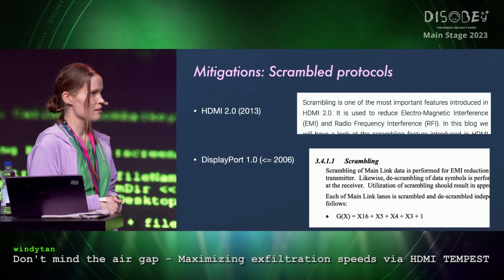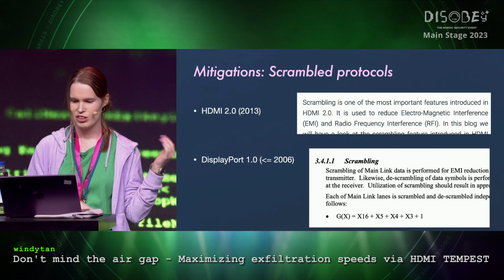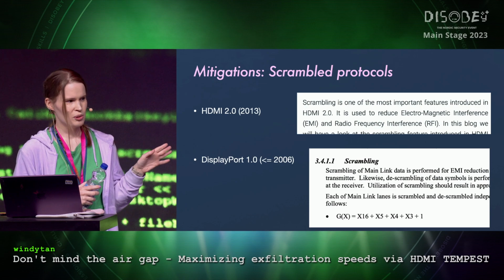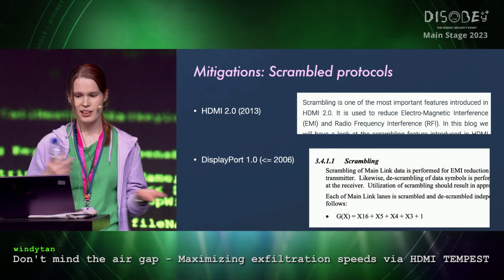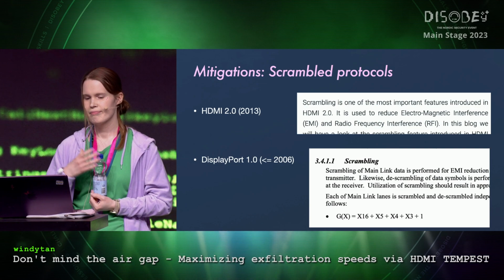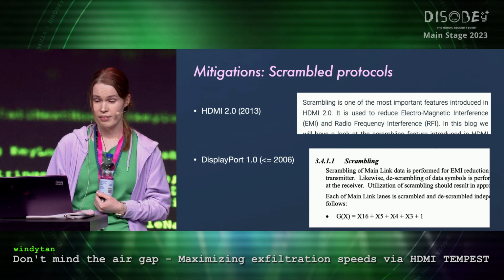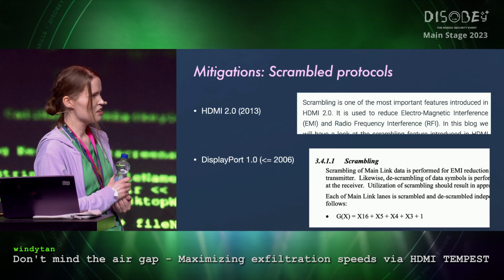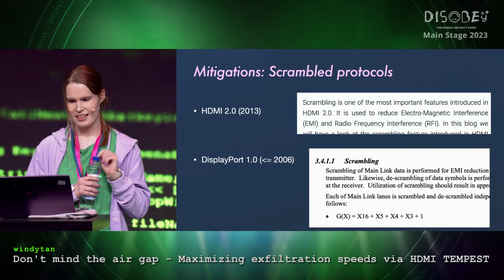And the primary reason is to minimize electromagnetic interference. And it not only kind of encrypts it, but also, to my understanding, the whole signal kind of disappears from radio because it loses the repeatability that makes it a signal, basically. And in DisplayPort, this has been a thing since 2006.